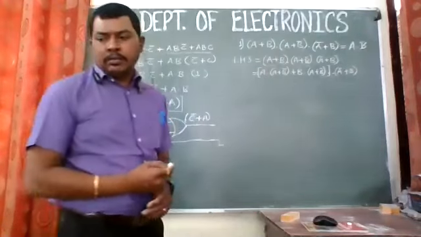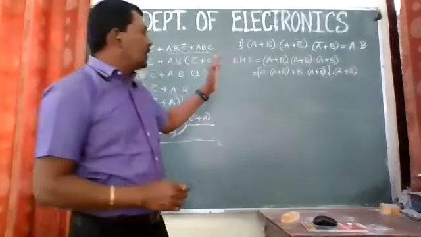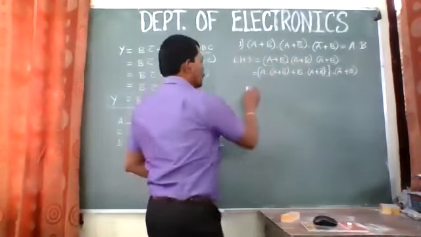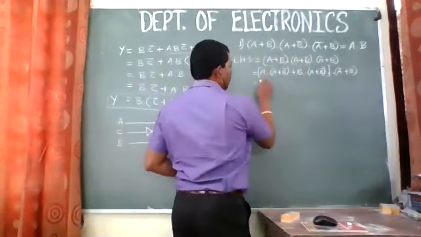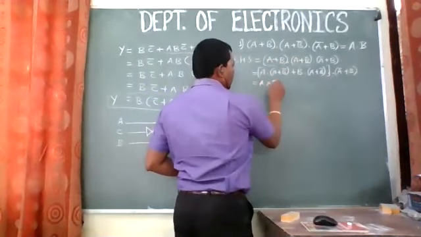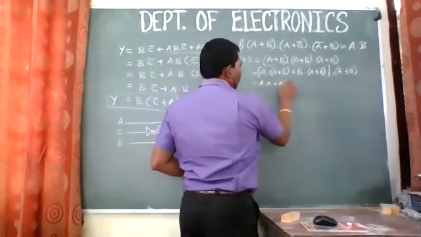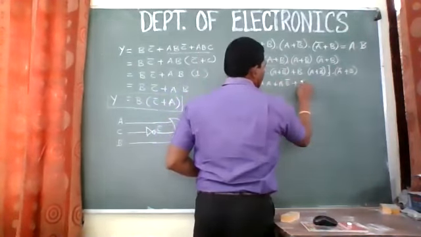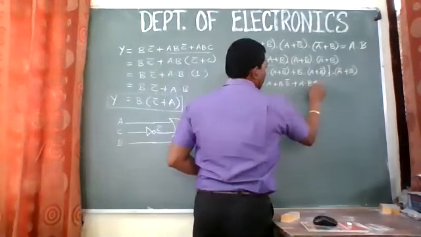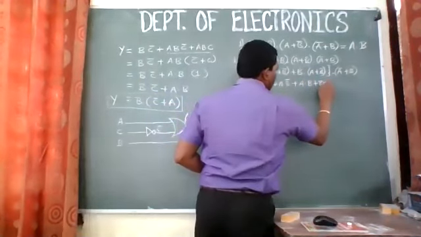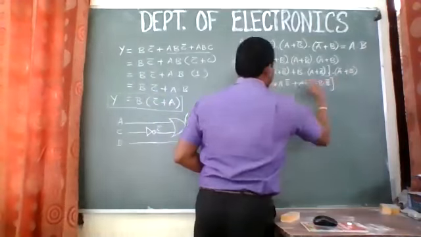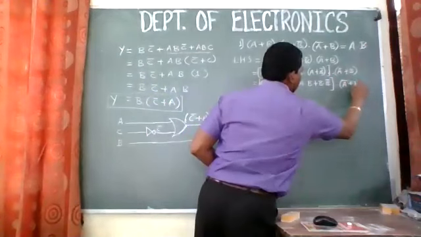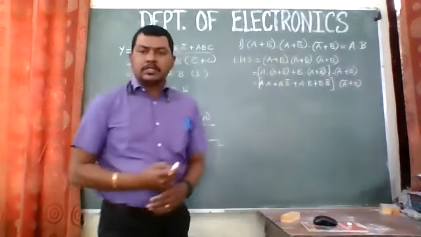So I'm keeping that independent. I have multiplied this whole bracket with this. If you multiply this, we'll get A dot A plus A dot B bar, plus B dot A, plus B dot B bar, dot (A bar plus B).